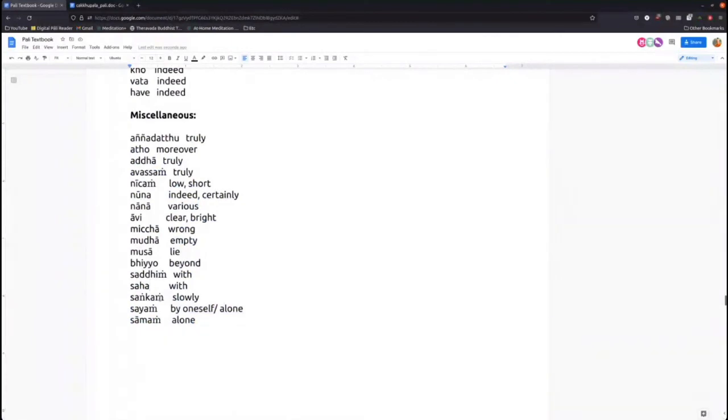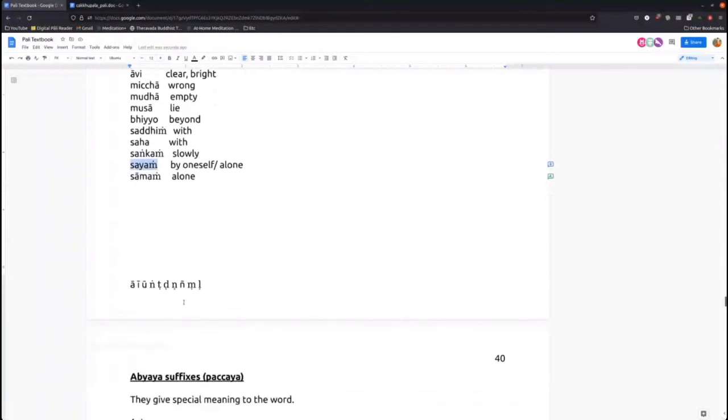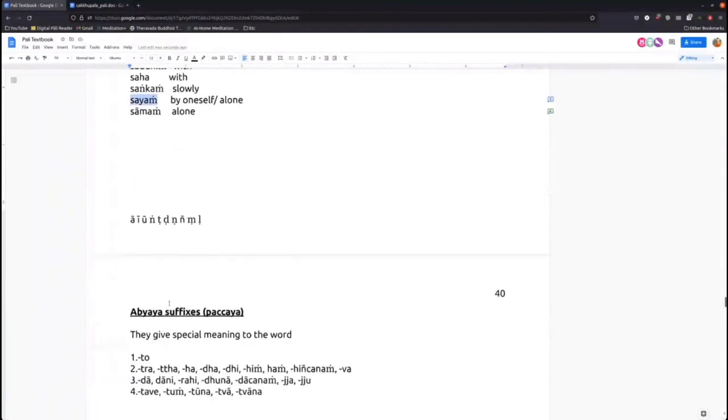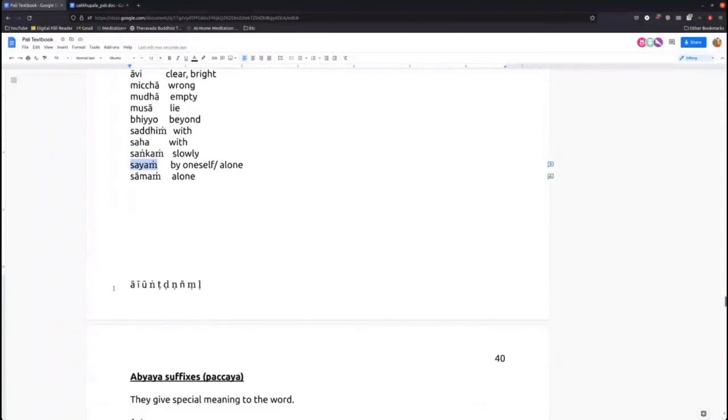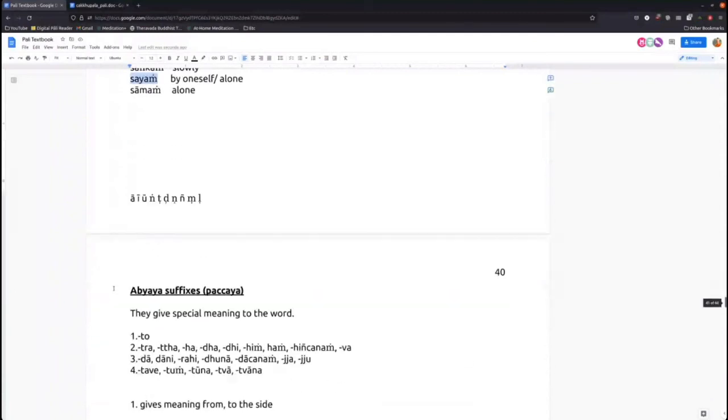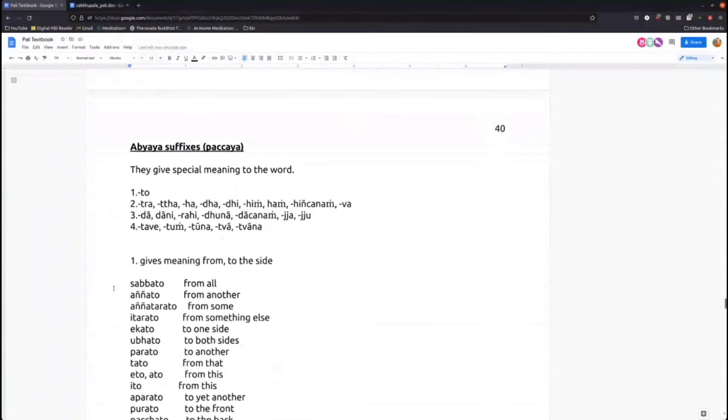Born together with someone is a sahajati. Or sahajata maybe. Sayam, yeah, you should learn that. Sayam means referring to the self, oneself. Okay, and then suffixes, special suffixes.